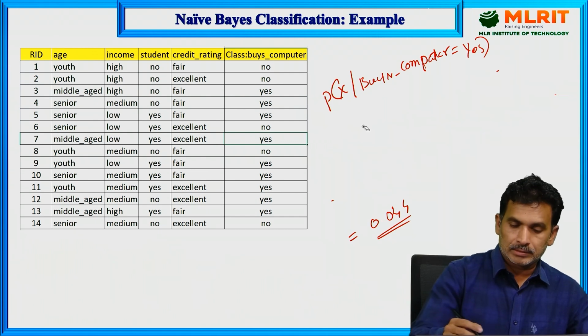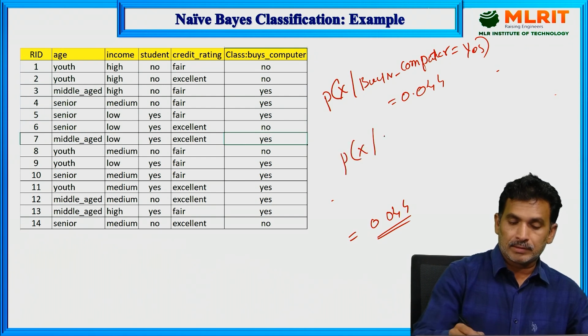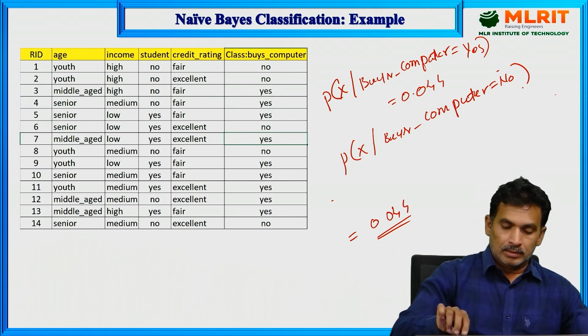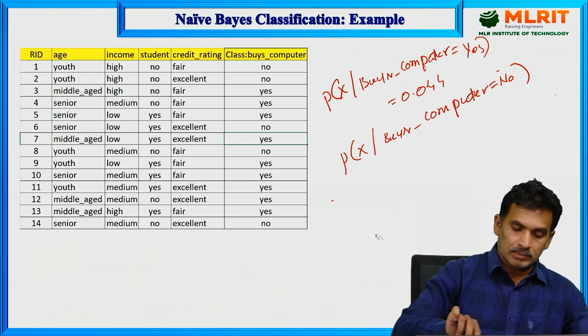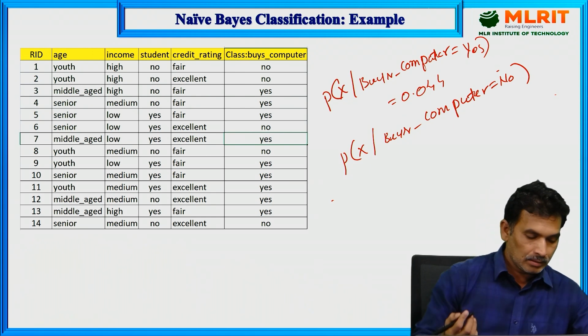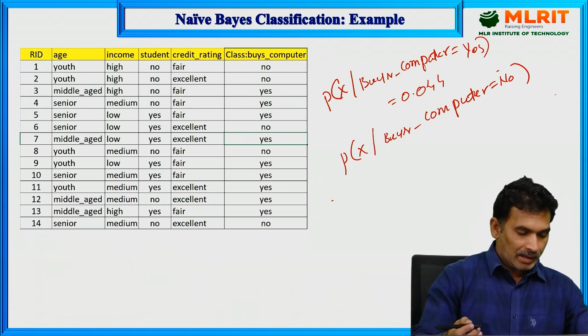So this is equal to 0.044, and similarly we would calculate the probability of X given Bayes computer that equal to no. Okay, so similarly we will calculate the probabilities of all this. So then we will get the value.